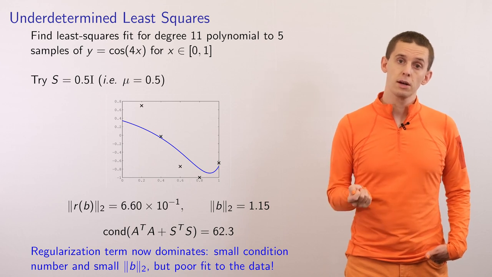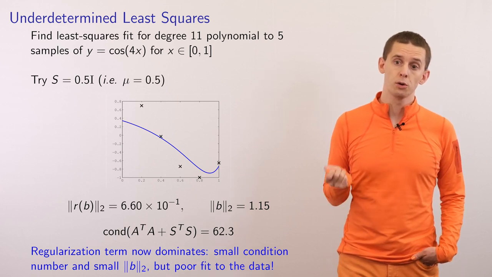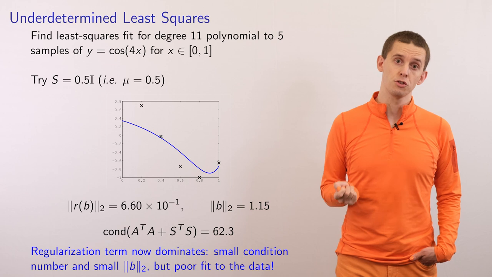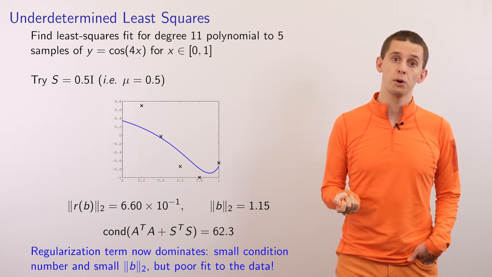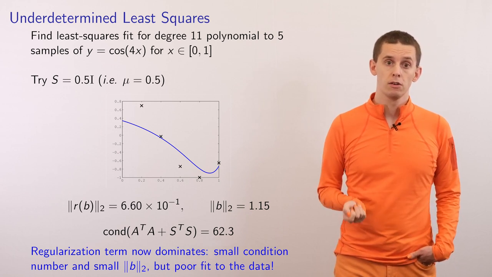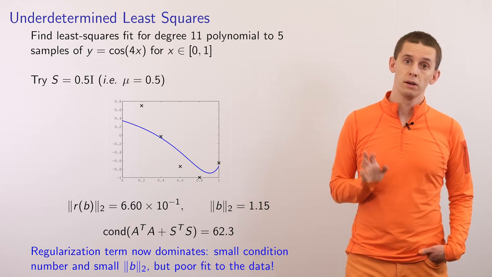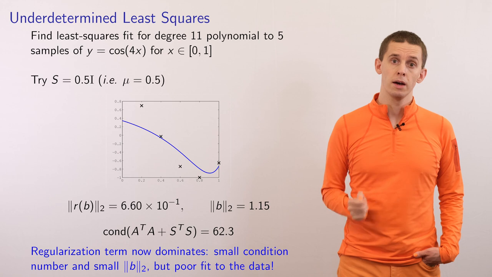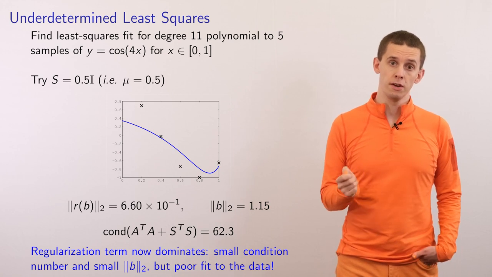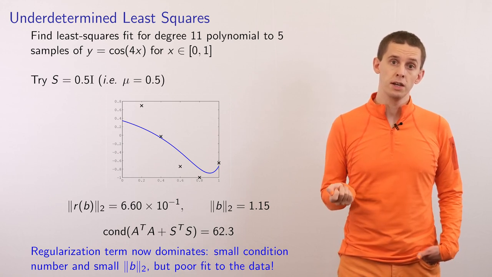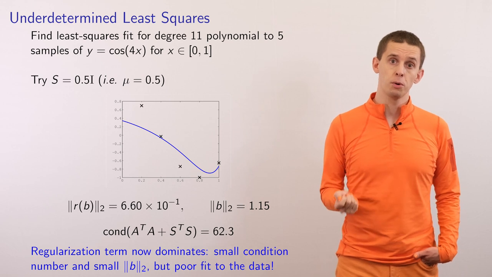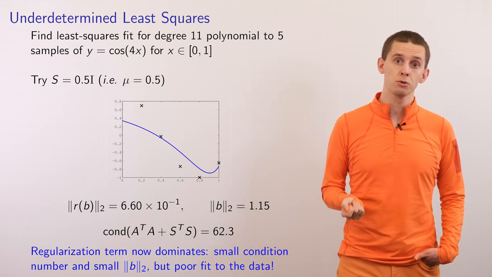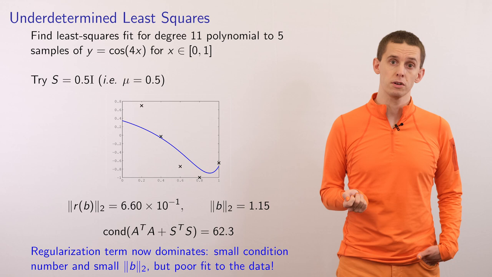So let's now try a different case where we increase the regularization strength and we put in that S is equal to 0.5 I. So in this case, we're strongly penalizing large b at the expense of the fit to the data. And indeed, if we plot the resulting polynomial, we see now that there is an appreciable difference between it and the data points.